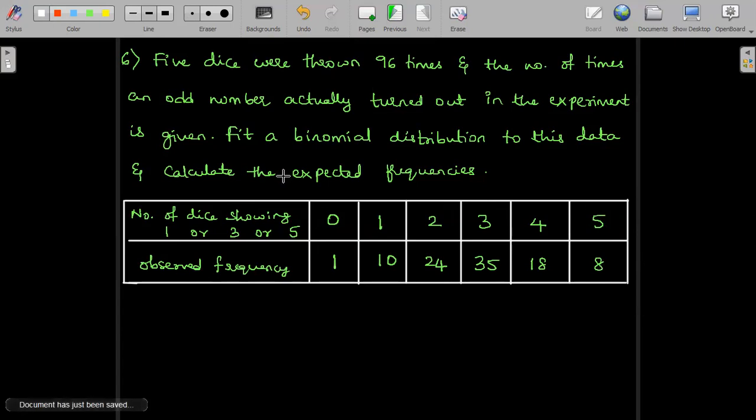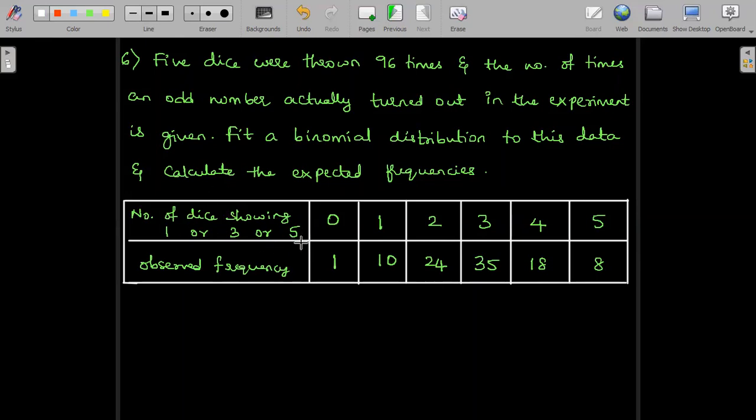We are asked to find the expected frequencies after fitting a binomial distribution for this data. So let us manually find out the values of P, Q, and N. N is equal to 5 because 5 dice are thrown. Let us find out by definition of probability function: what is the probability of getting a success, meaning getting a die showing 1 or 3 or 5?